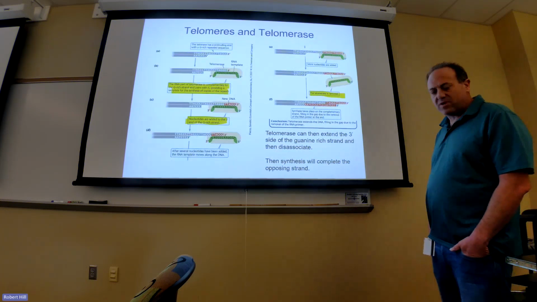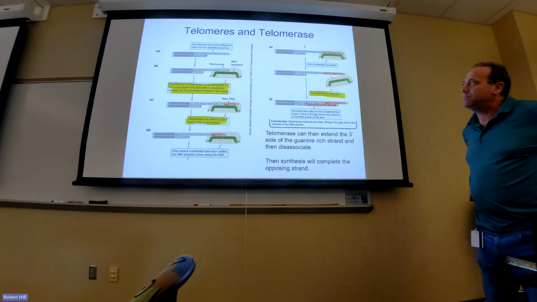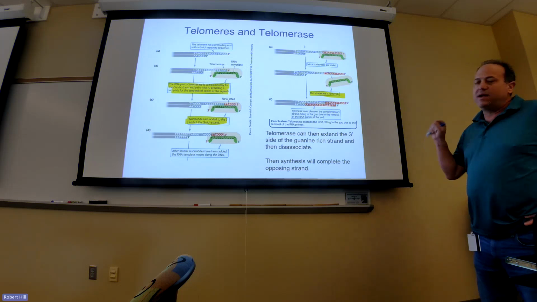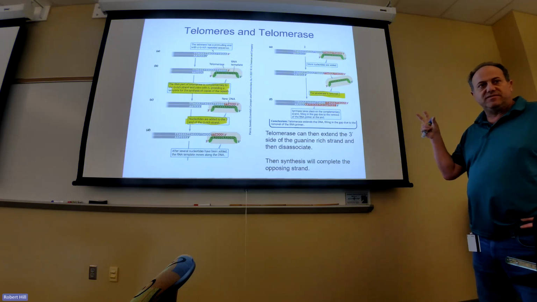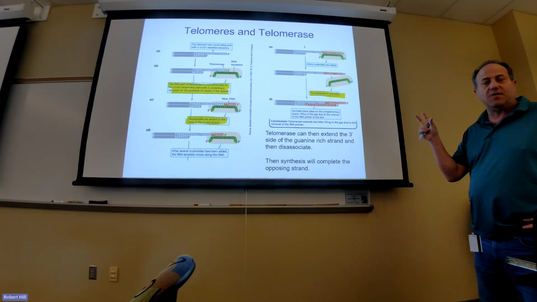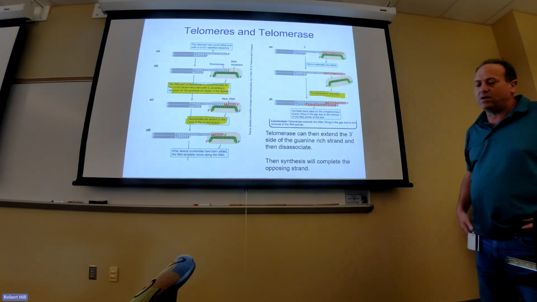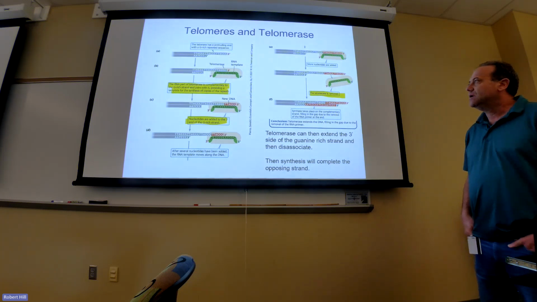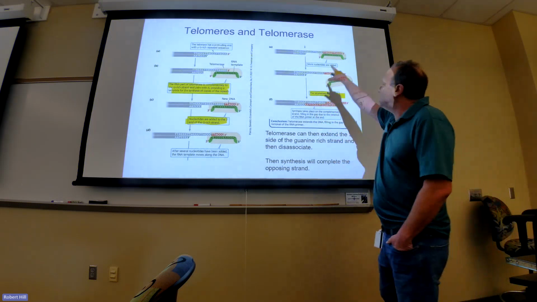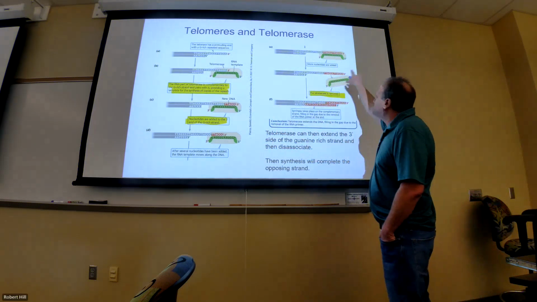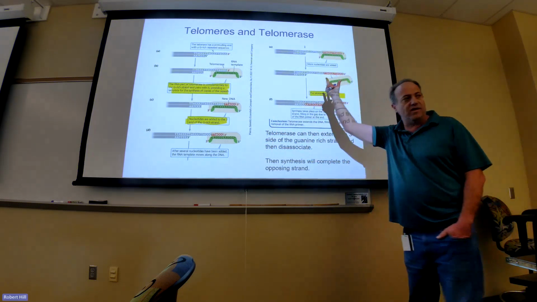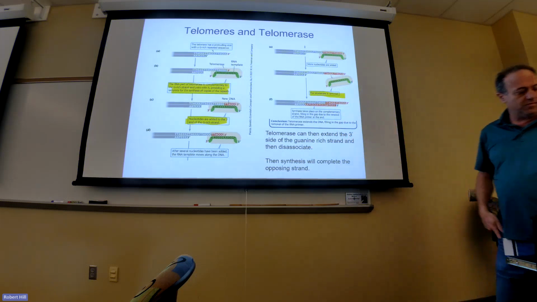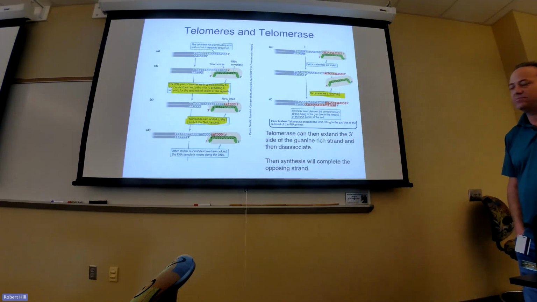The RNA component will search out the Gs in these GC-rich regions, and it has a template that's already existing in the telomerase enzyme, and it will stick onto the G region, and then it will start adding nucleotides, see up here, and elongate the strand of DNA. So it's this enzyme that's responsible for keeping your telomeres in check.